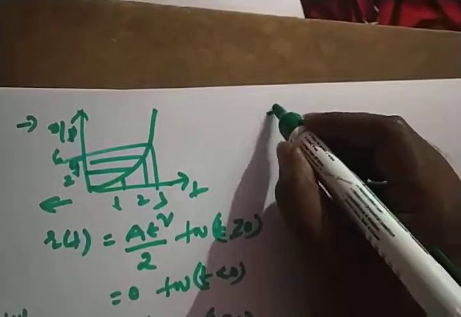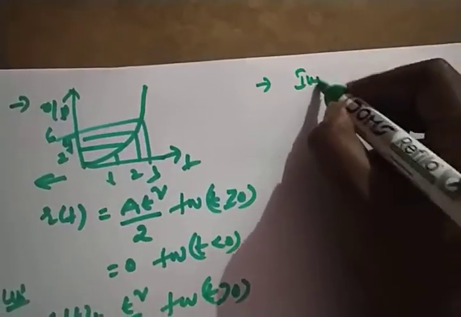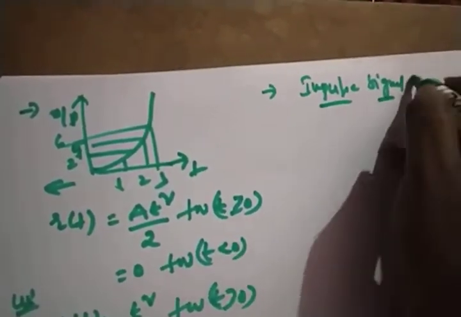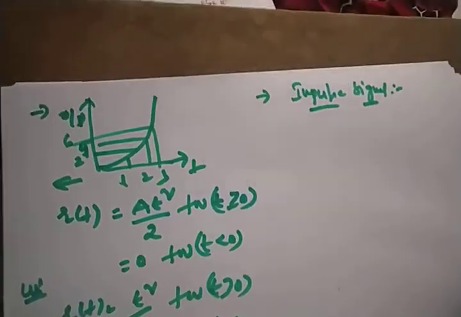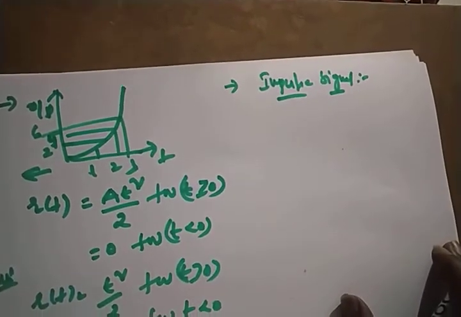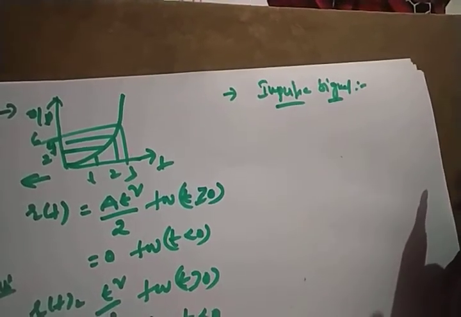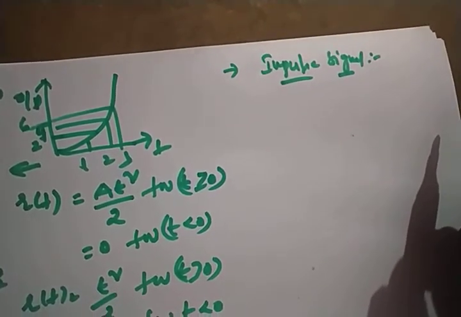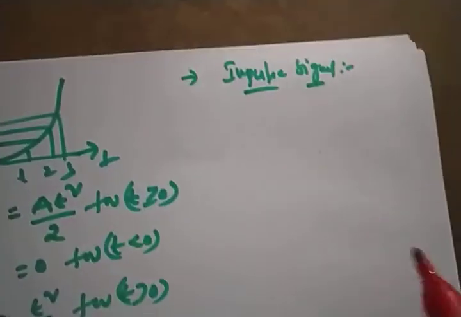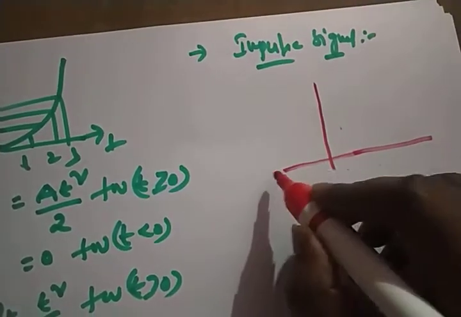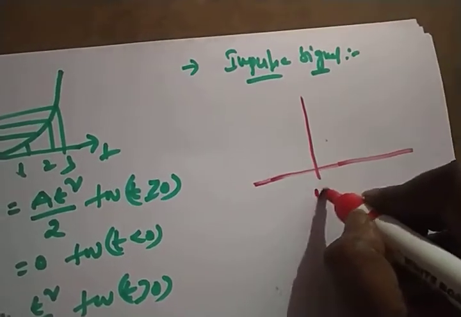Now we'll go for the impulse signal. What is meant by an impulse signal? Impulse signal means at 0 time you have a maximum magnitude.